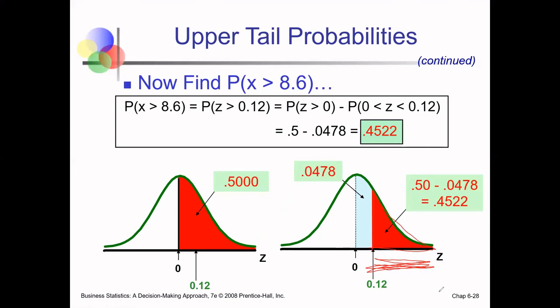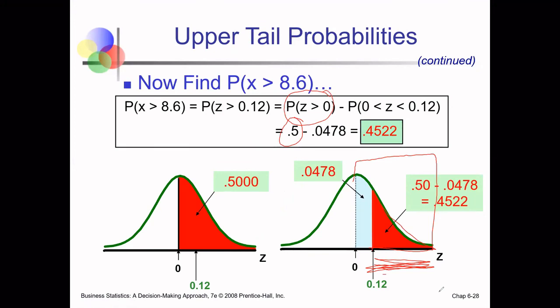Half area is 0.5. You can see that from here to here is half area, 0.5. We know that this is half area, and you want to find the shaded area. When you look up 0.12 you will get the area from the center to 0.12, and that 0 to 0.12 area is this one, the same area you found in the previous question.